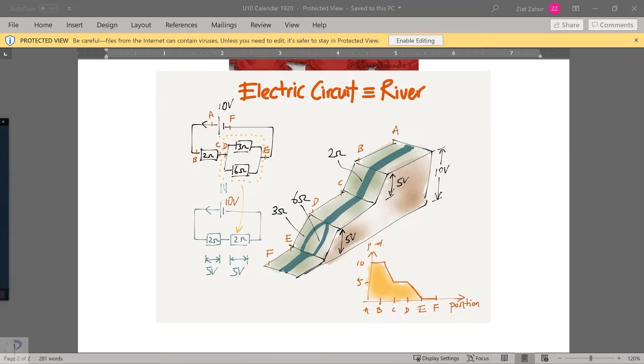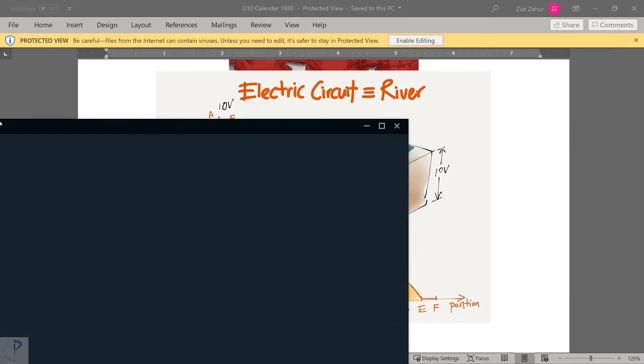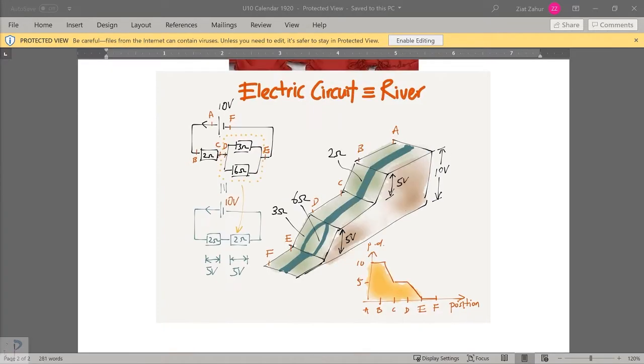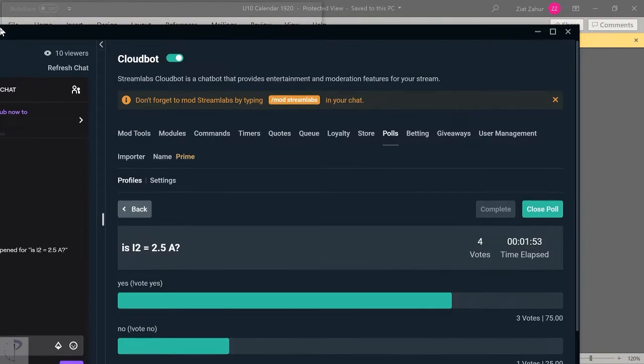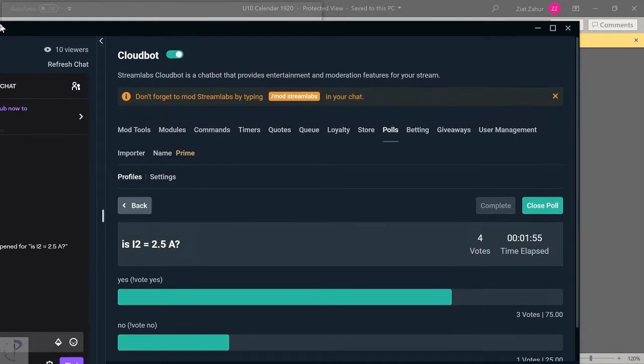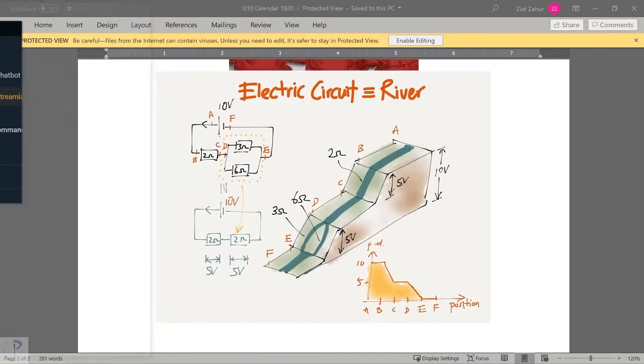So as you can see, people are voting. This is what it looks like on my screen. Oh no. Whoa, look. Alright, anyway, I was supposed to hit end poll, and then I hit end stream. Darn it.